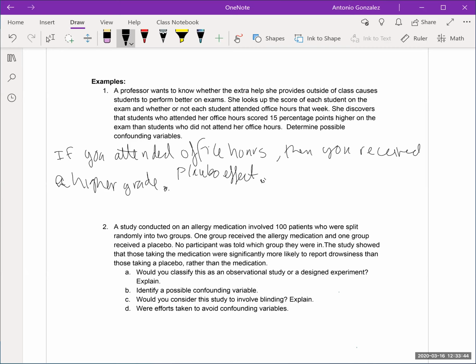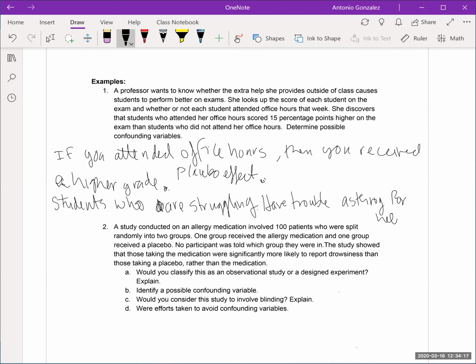All right, now for number 1 here, one thing to keep in mind is that in some cases, maybe students who are struggling have trouble asking for help or seeking help.